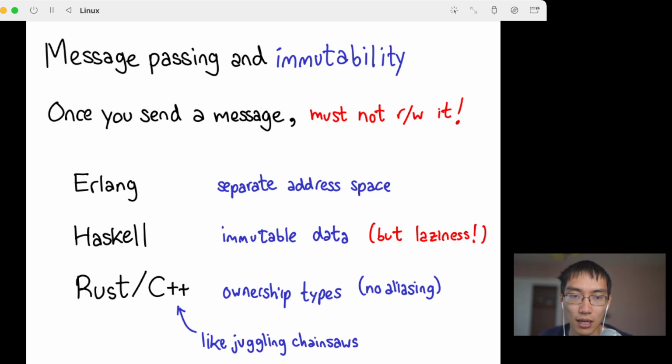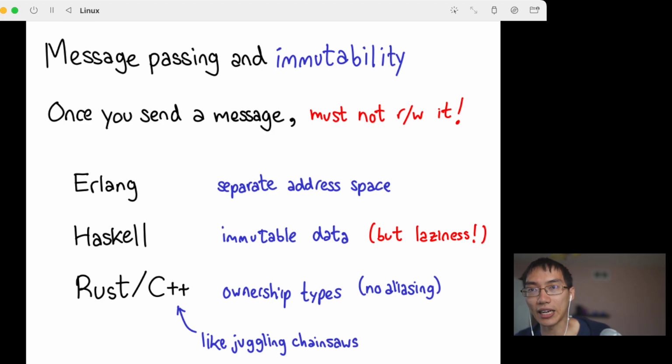And the last thing is you can send a message that's mutable if you promise never to touch it again, right? This goes to the concept of ownership, where I own some data, and once I transfer it to another thread, I no longer own that data. Only the person who owns that data is allowed to make mutations on it.